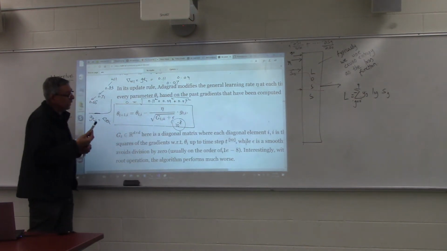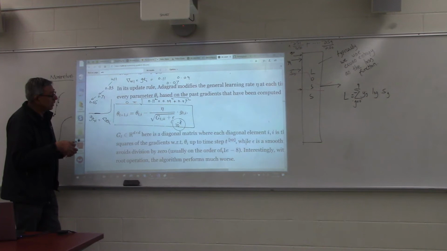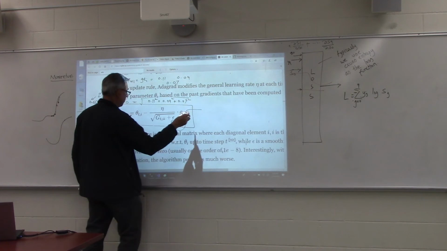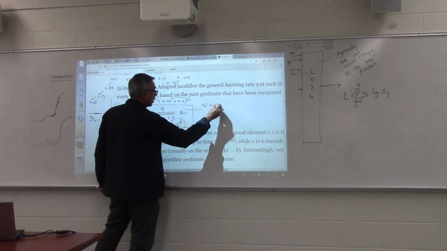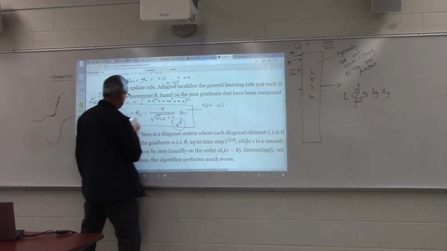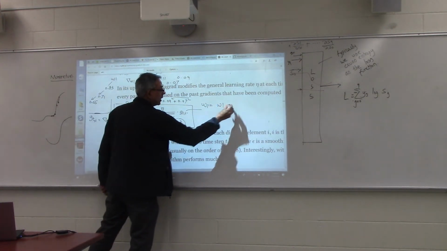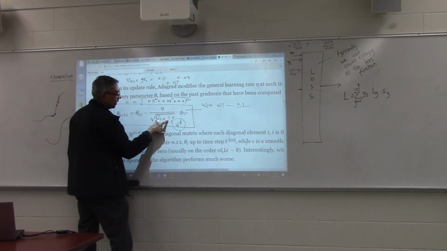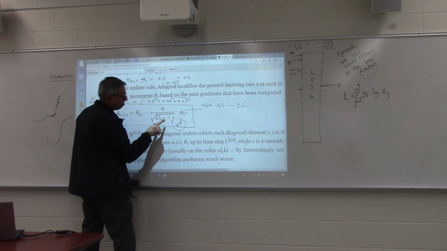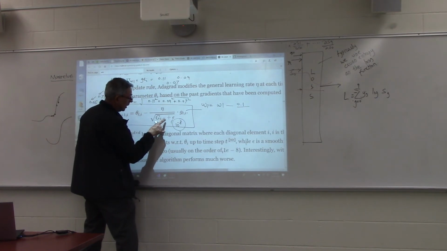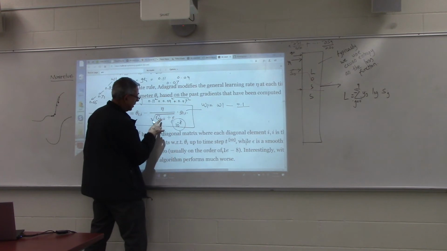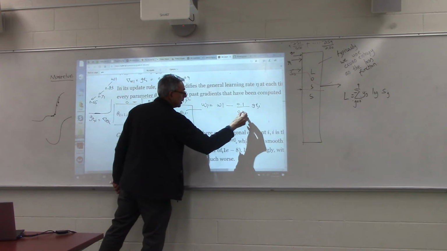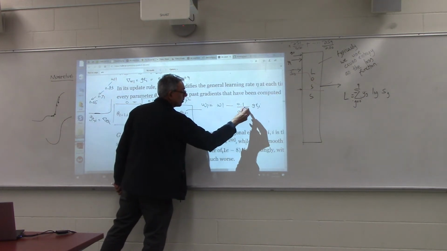So to understand it, let's pick a simple example. Let's pretend the gradient right now is, so W1 equal to W1 minus learning rate, let's say 0.1, divided by, so in the beginning, let's say this is g_t,i. So in the very beginning, this will also be the square root of g_t,i squared.